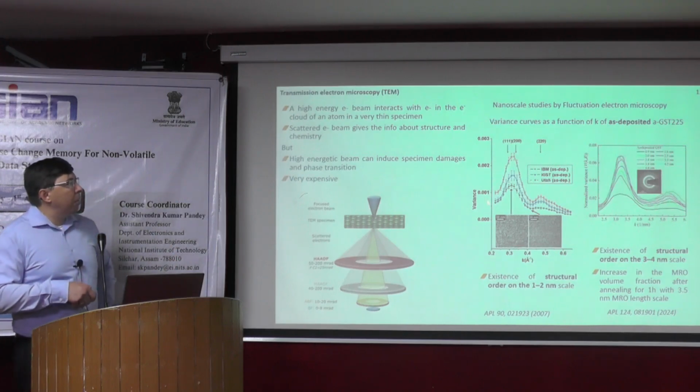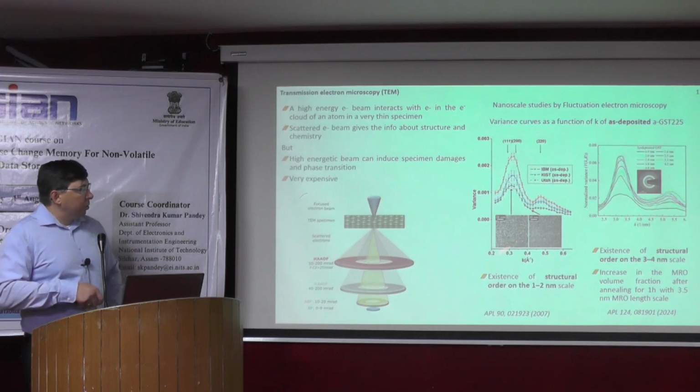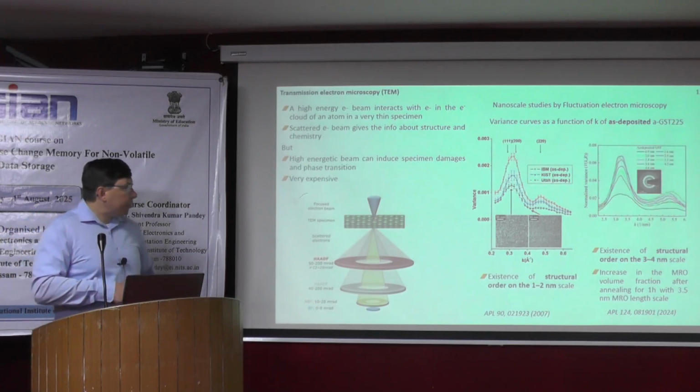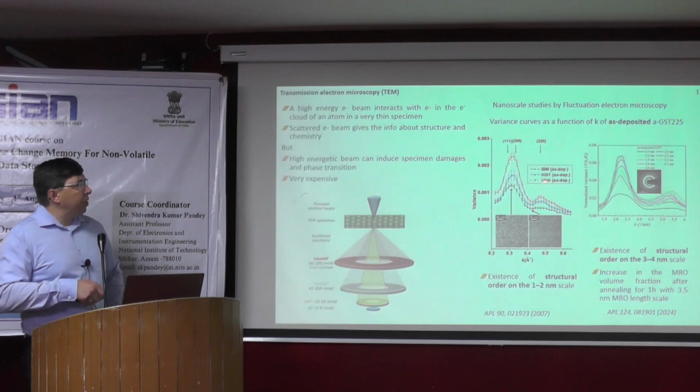So this is some experimental data showing the existence of short-range order on the scale of 1 to 2 nanometers. These were 3 samples from different groups, as deposited.